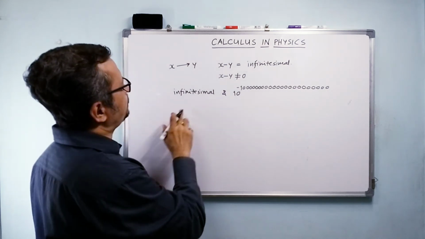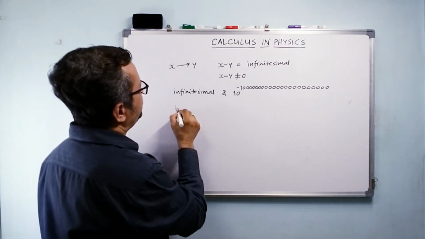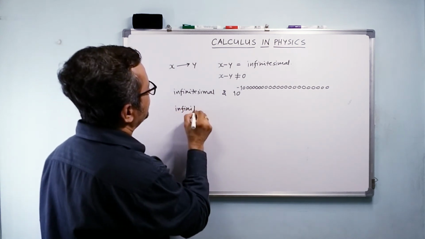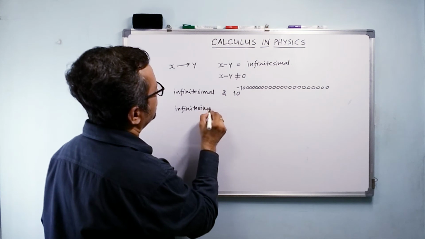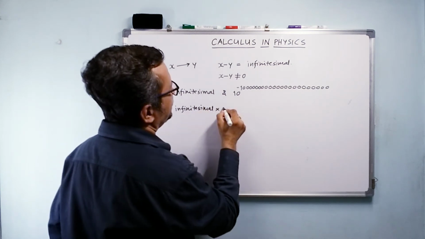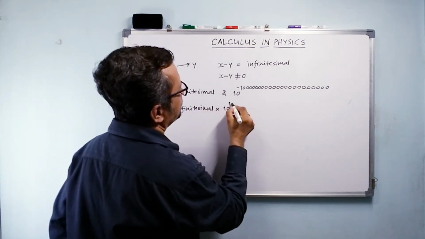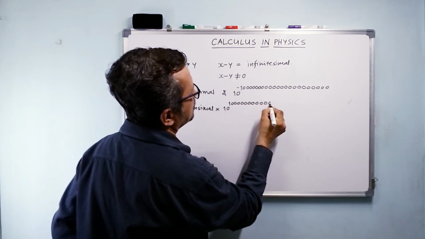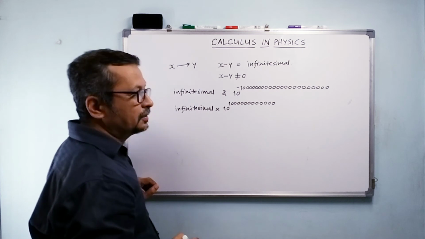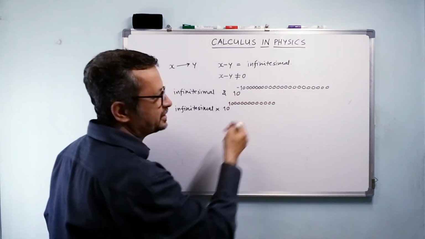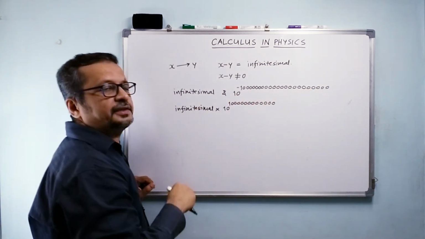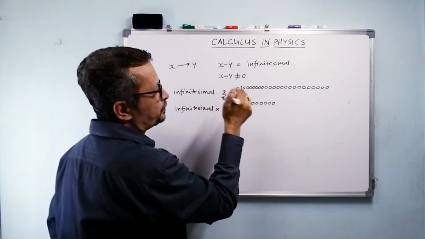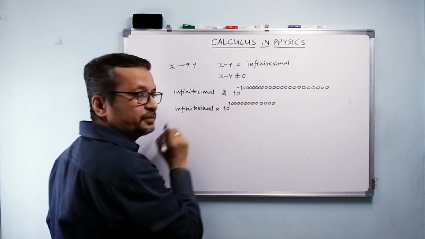Now suppose I have this infinitesimal. My next question would be: infinitesimal multiplied by 10 raised to power, maybe I can have that many zeros here, which I don't want to write right now. Only thing is that here your power is negative, here it is positive.